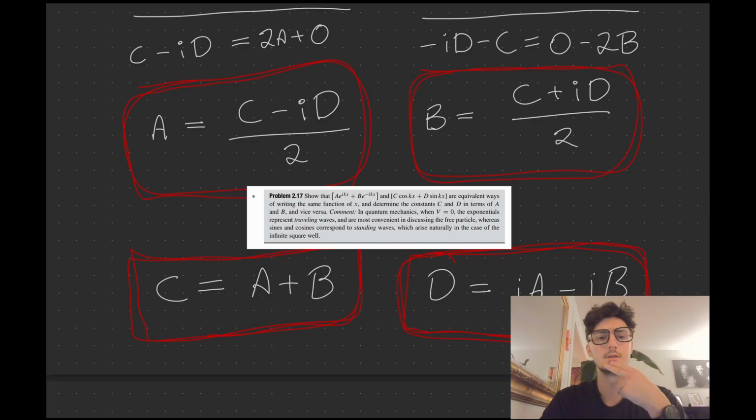It actually depends on your energy too. This goes back to my other video where I showed the difference between bound states and scattering states. This is very important, so I'm going to do another video on it. Scattering states normally yield the traveling wave solutions. For bound states, normally you use sines and cosines. I'm not going to yap too much about this.